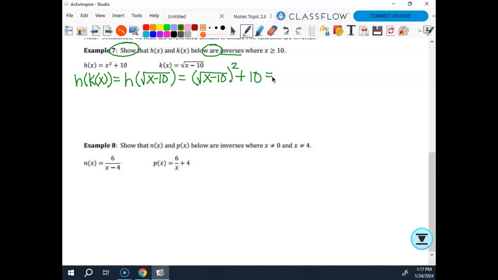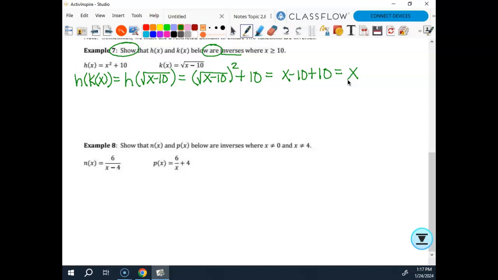So what is the square root of x minus 10 squared? x minus 10. So I get x minus 10 plus 10. That gives me x, which is what I was expecting, right? I knew that before I started. That's why it's not about the answer. The answer I know is going to be x. The work in between is what my actual answer to the question is.